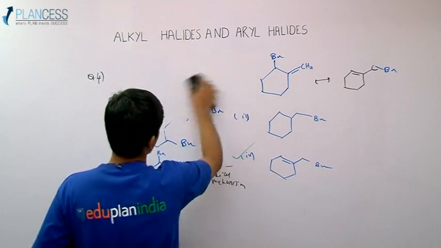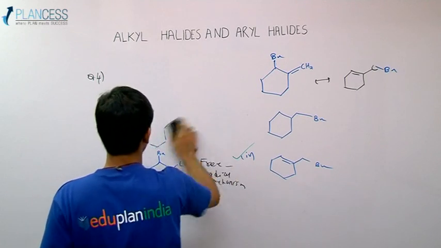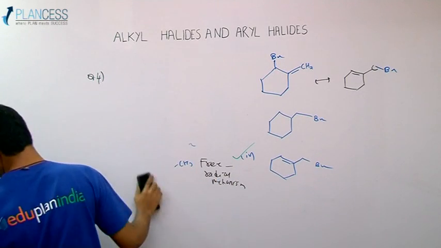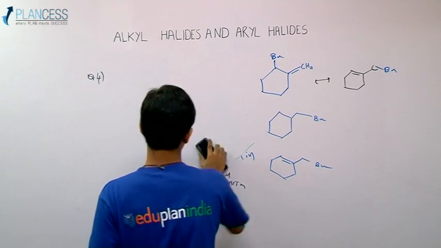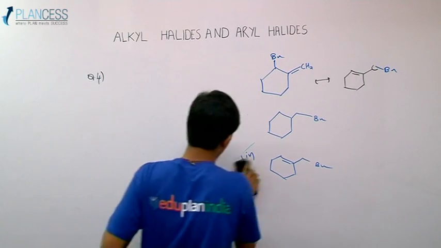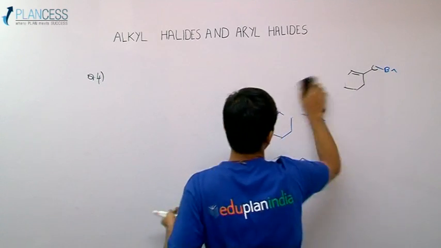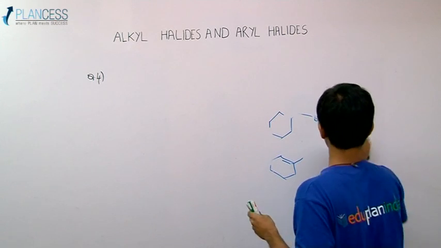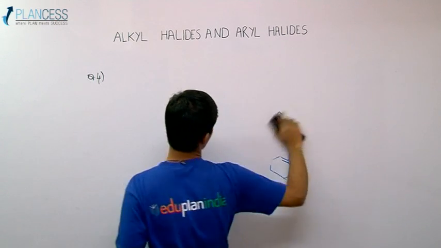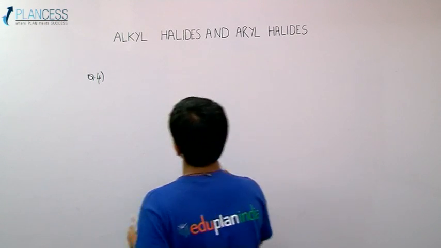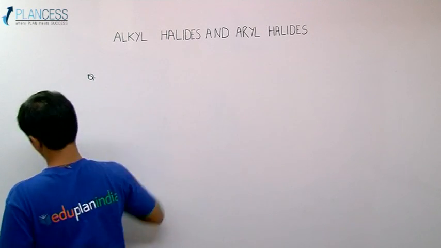Fine, let us move on to question number 5. Question number 5 is a subjective question and you have to explain the formation of the product, and obviously you have to tell what the product is. I will just give you the reagent and the reactant. So question number 5 goes here.